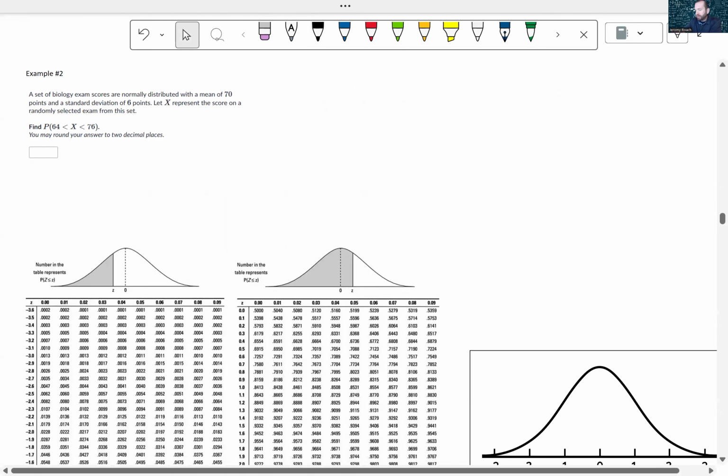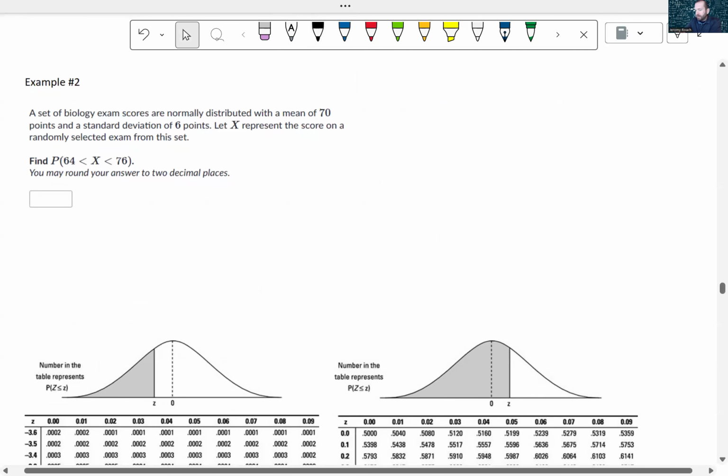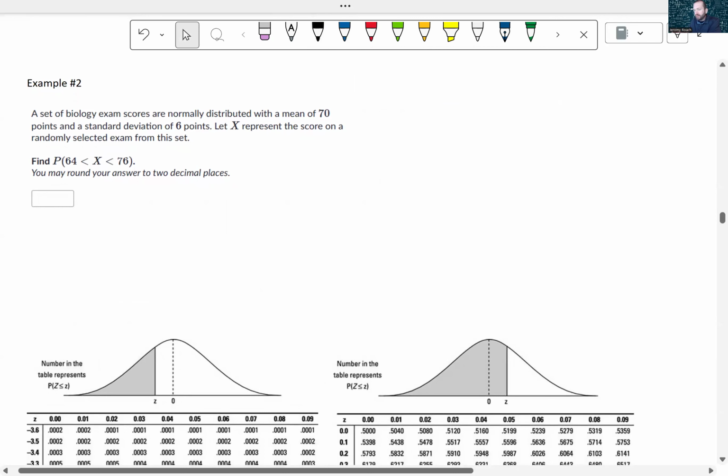So here's our next question. Same type of question. It says it's a biology exam score and they're normally distributed. We have a mean of 70, standard deviation of 6, same thing as before, except now it says to find the probability that a randomly selected exam has a score between 64 and 76.